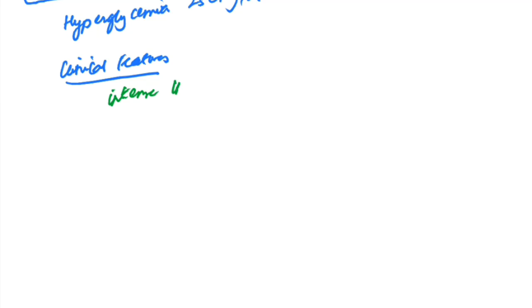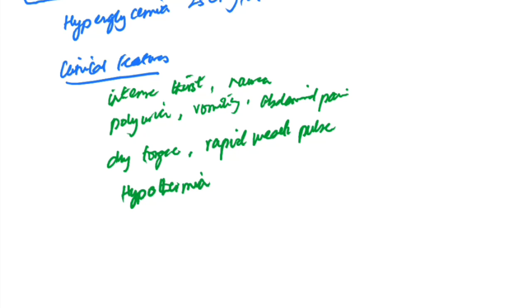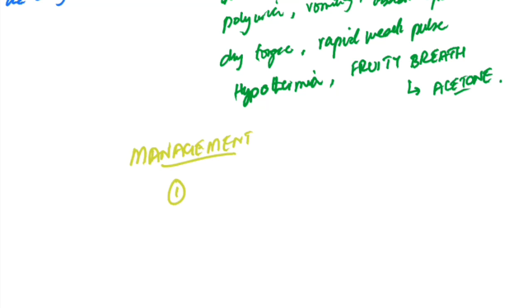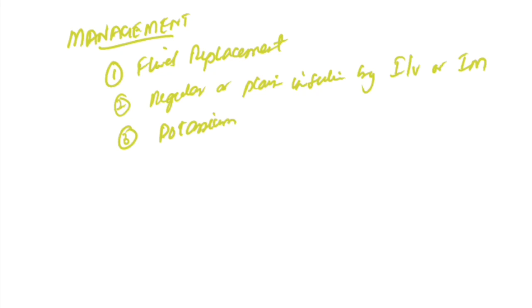The clinical features include intense thirst, nausea, polyuria, vomiting, abdominal pain, dry tongue, rapid weak pulse, and fruity breath, which is due to acetone. The management, however, is very different. The patient may be given fluid replacements, regular insulin, which may be given through the intravenous or intramuscular route, and potassium replacements. The patient may also be given antibiotics in case of any infections.